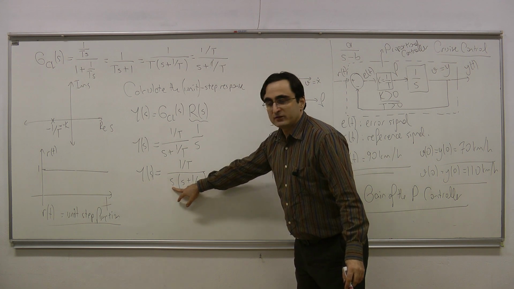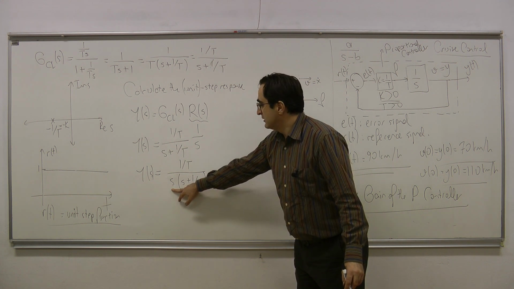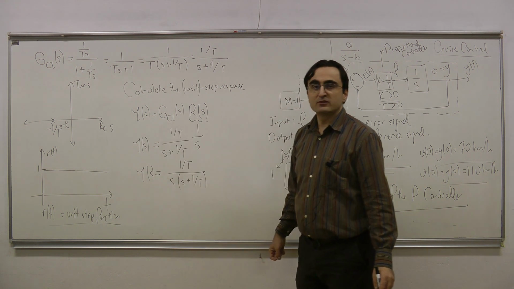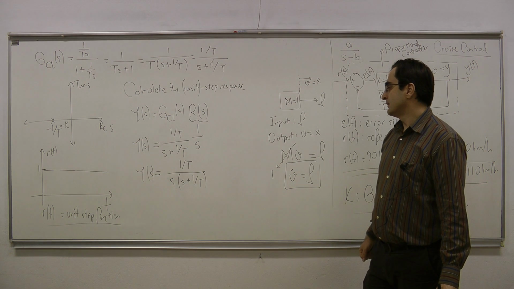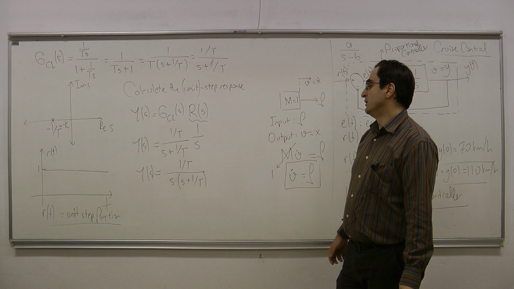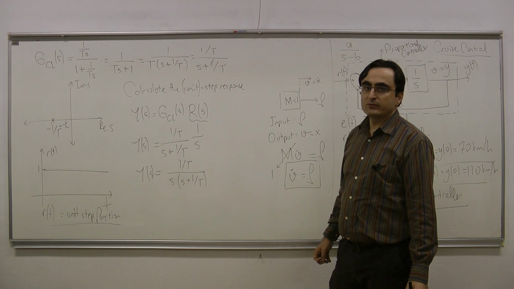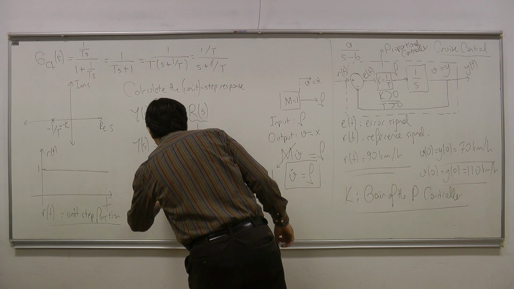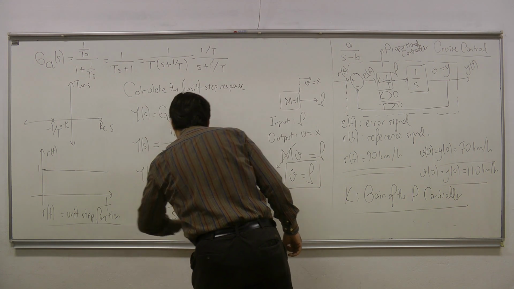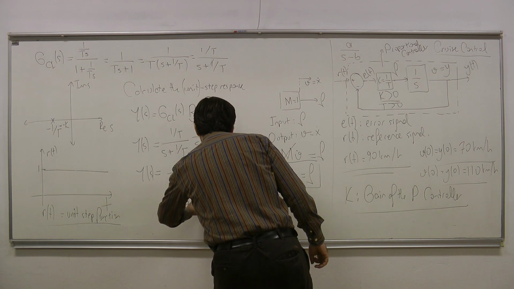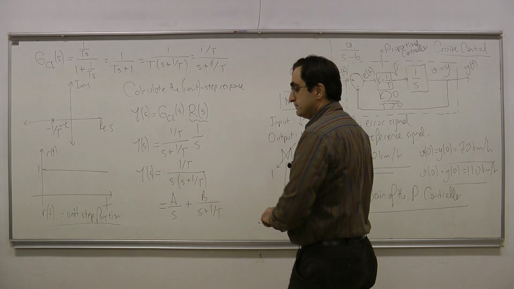One of the poles is coming from the input 1 over s, the unit step input. The other pole is coming from the transfer function of the system. All right? And I need to take the inverse Laplace transformation of this Laplace transform. Remember how we handled such problems at the beginning of the course. So we have to make here a partial fraction expansion. I need to write this as a over s plus b over s plus 1 over t. Okay?